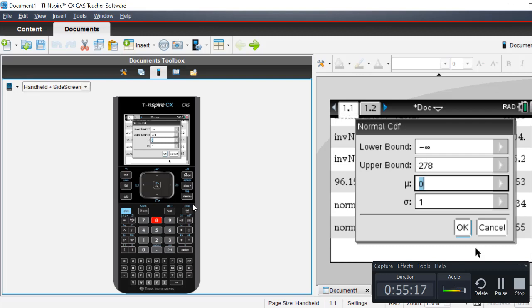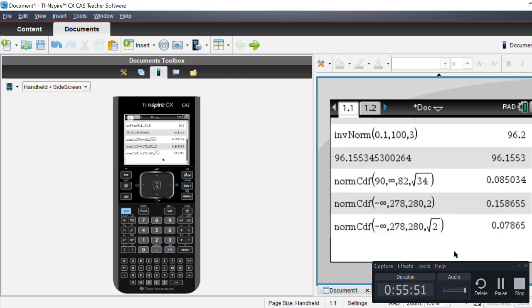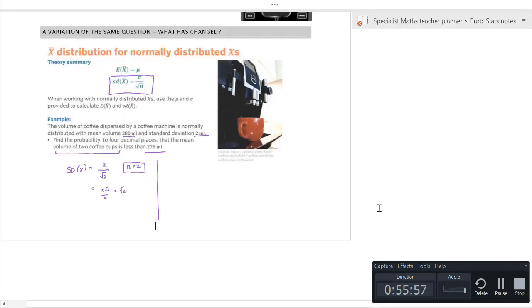The population mean doesn't change, but the standard deviation does, so we have to put in our standard deviation. You've got to be very careful with these. Sometimes you have to do some funny things. So let's do square root of 2, and as you can see, 0.0787.